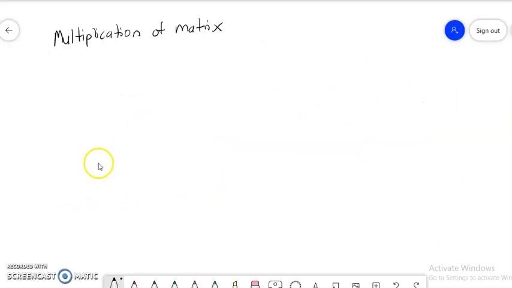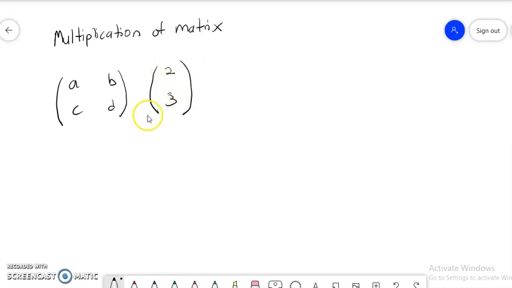Okay, so this is the format of matrix. Now we are going to go through multiplication of matrix. The format of matrix plays an important role in this subchapter. For example, A, B, C, and D multiplied with 2 and 3.